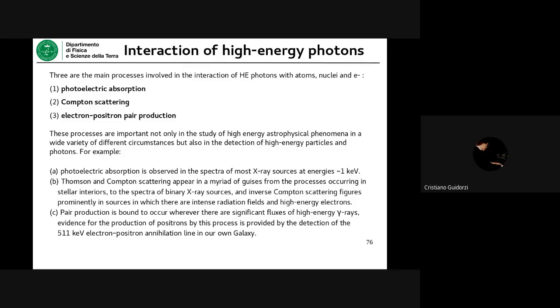So whenever you have such high energy photons and they interact with matter, you end up with the production of a pair of electron and positron. One fair example of this is the so-called annihilation line that we see a lot within our galaxy towards the center. There is a strong annihilation line, corresponding to the rest energy of electrons as well as positrons.